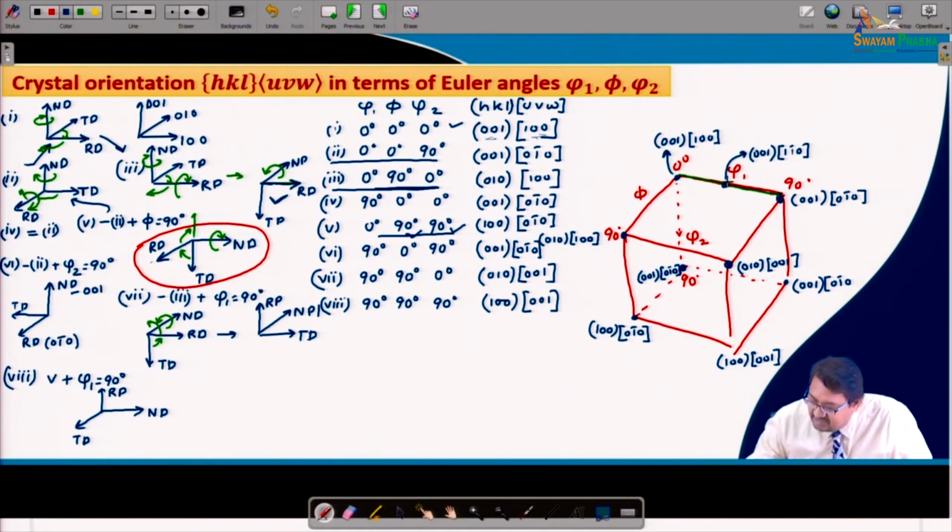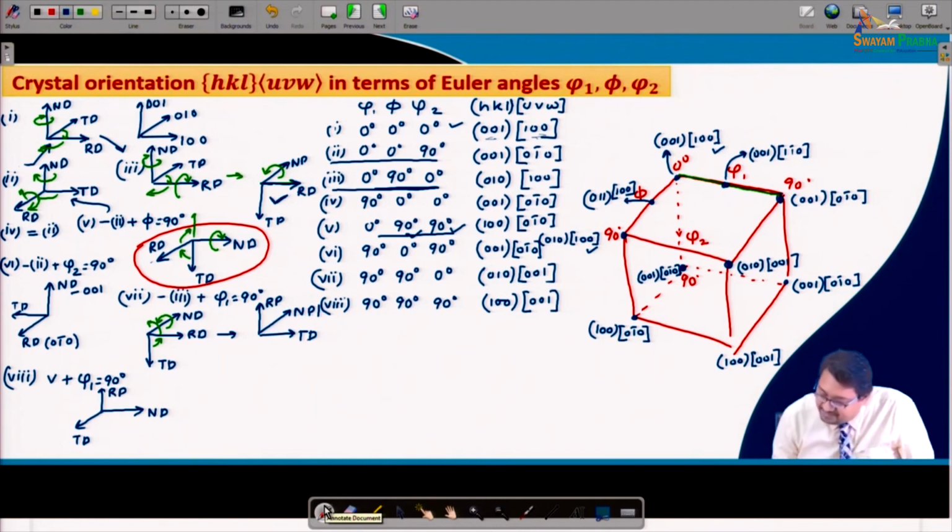Now, if we trace the Euler angle 0, 45 and 0 degree, that is this position, then you see that at the rotation of phi is basically along RD. Therefore, the rotation axis is RD. So, phi represent the RD fiber, right. So, the RD will remain same. So, you see 1 0 0 and 1 0 0 for both these components remain the same, whereas the ND component, that is a rolling plane, become 0 1 0 for this and 0 0 1 for this Euler angle, right.